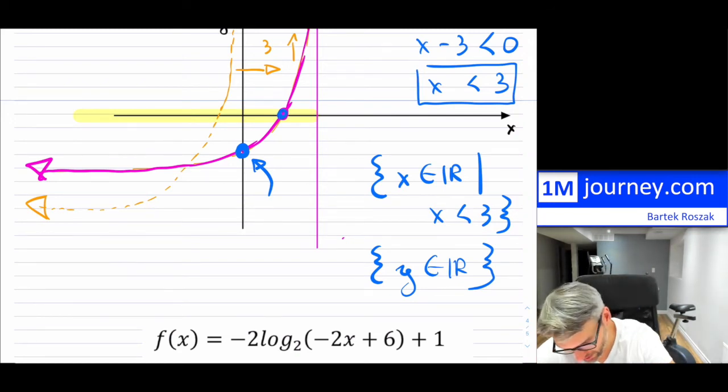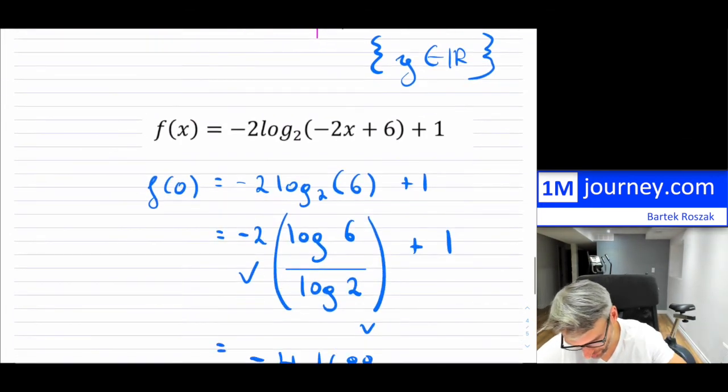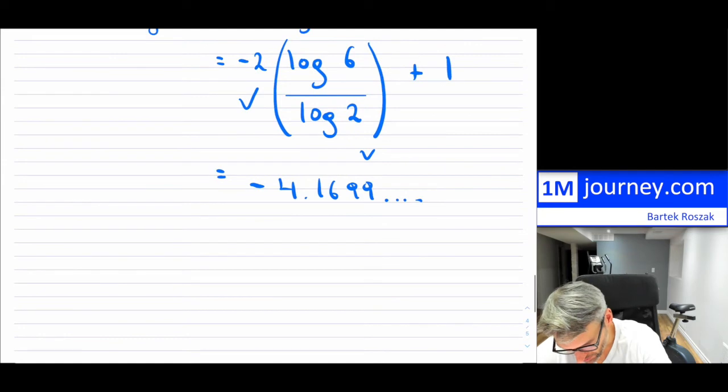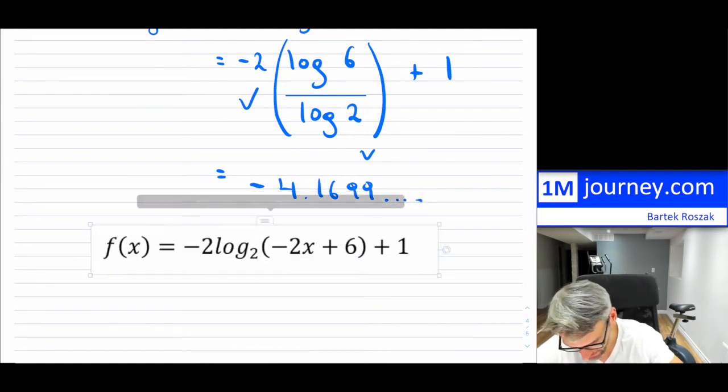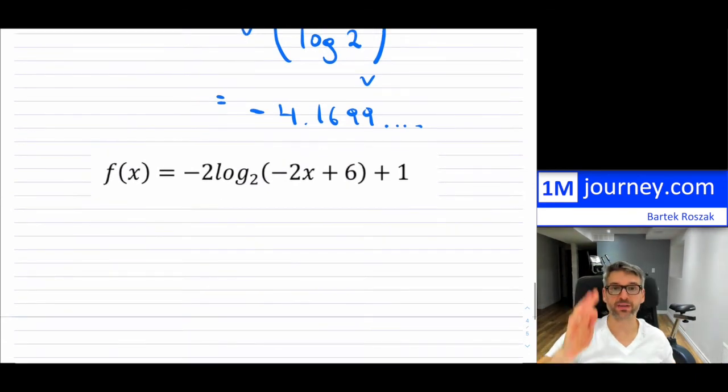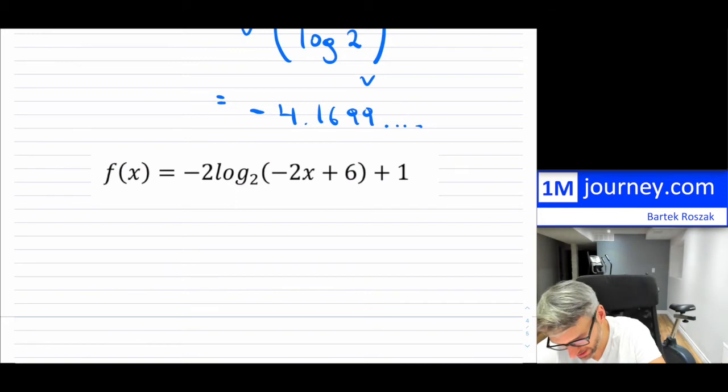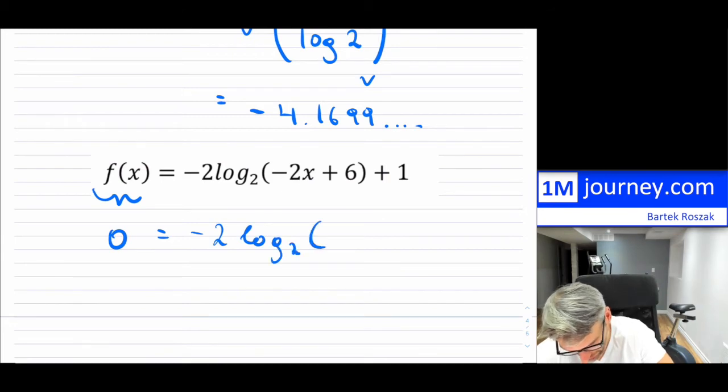Now we need to find this point, which is the x-intercept. Now this one might be harder for us. So let me paste this back again. In order to find that, it happens at y equal to 0. So we're going to set this equal to 0, and now we're going to have to solve for x.